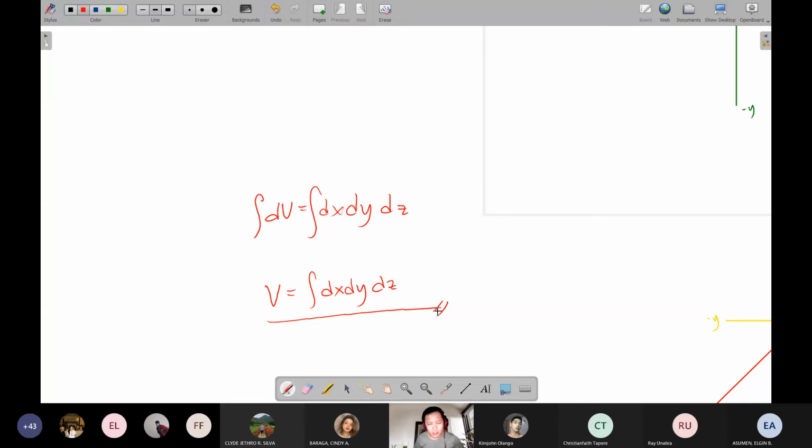So, right now, you have to start recalling the integration formulas, the differentiation formulas that you have learned from your differential calculus and integral calculus, because we will be heavily using these formulas for integration and differentiation.